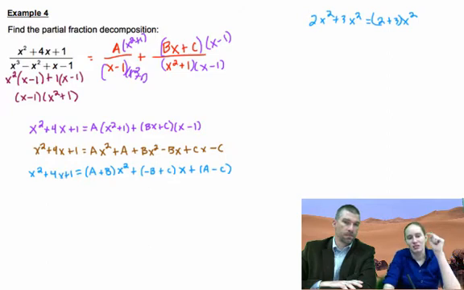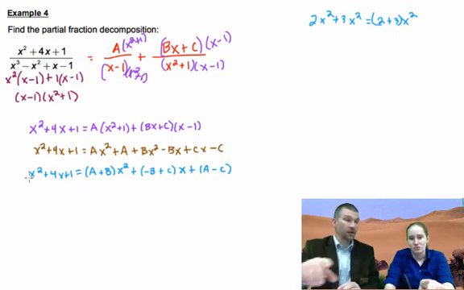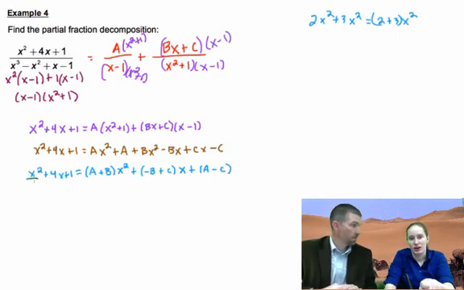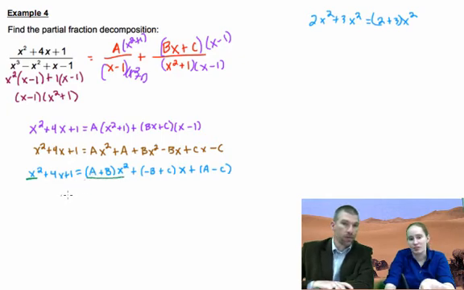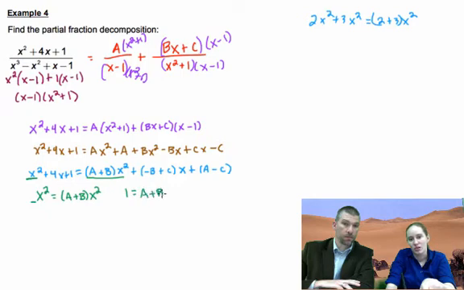Now, this is kind of the tricky part to understand. In order for this to be a true equality, which we're saying it is because of the equal sign, that means that x squared has to equal a plus b times x squared. In other words, a plus b has to equal 1, the coefficient of this, which is 1. So 1 equals a plus b.